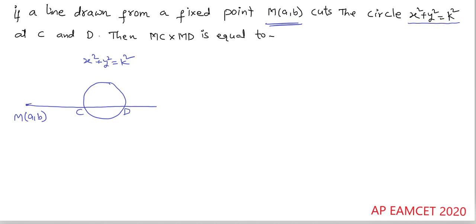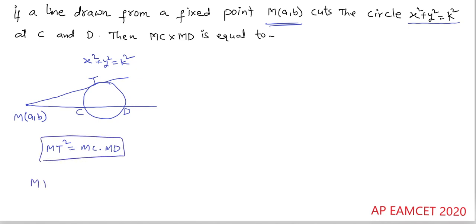Here, this is the length of the tangent drawn from M to the circle, T. We know that MT square is equal to MC into MD. Here, MT is equal to length of the tangent.